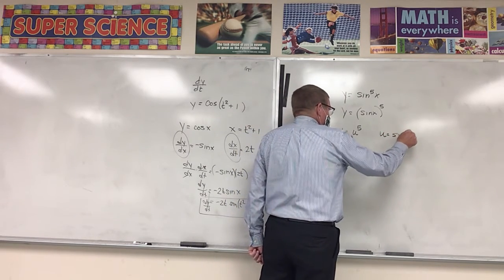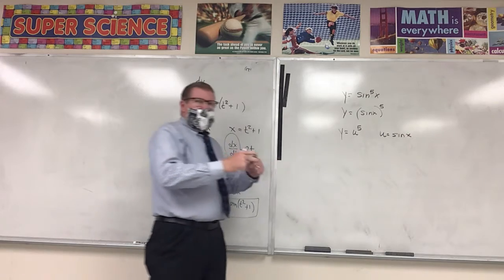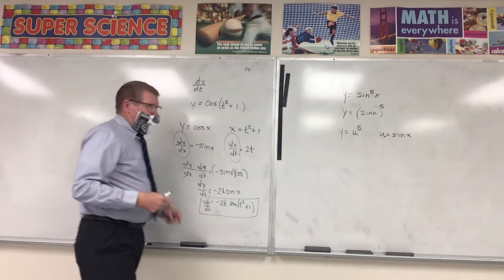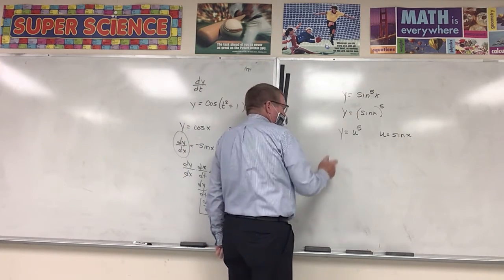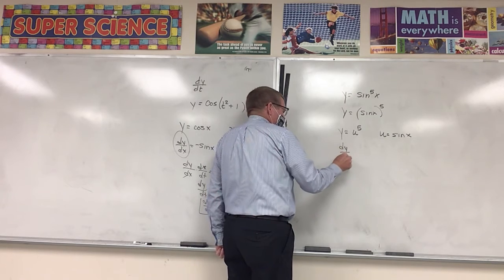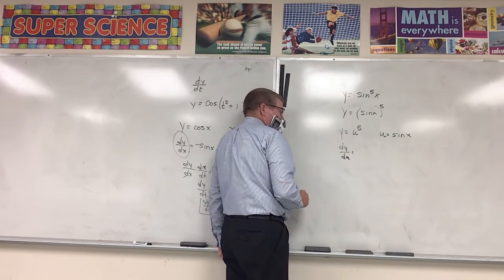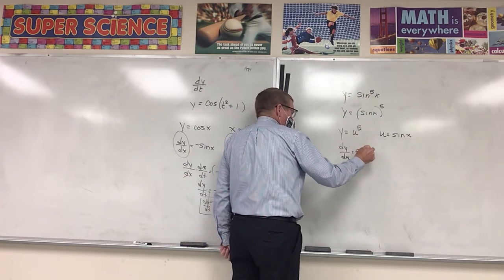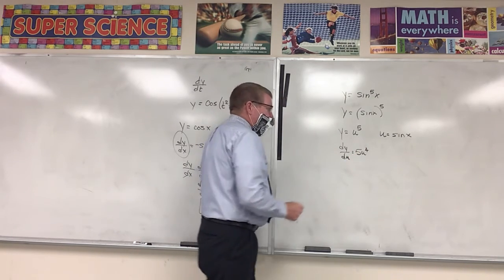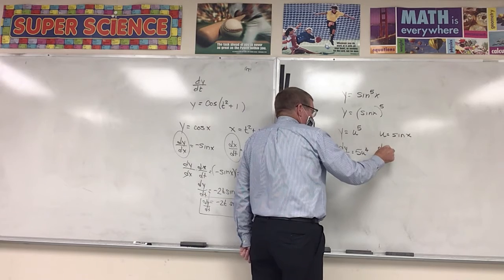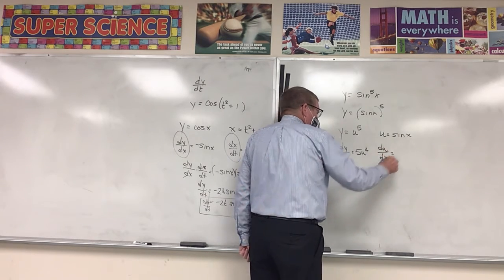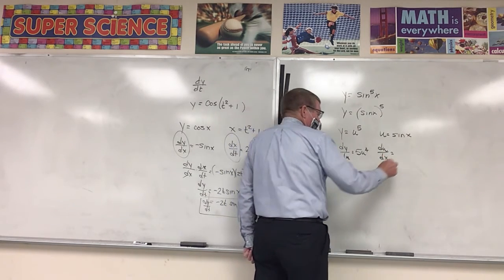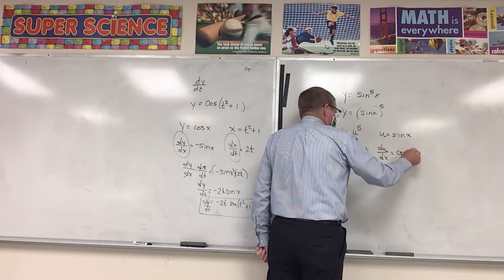So I have decomposed the composition. Now I can take the derivative. What's the derivative of this? dy over du equals, sorry, 5u to the fourth. And what's the derivative of this? du over dx equals cosine x.